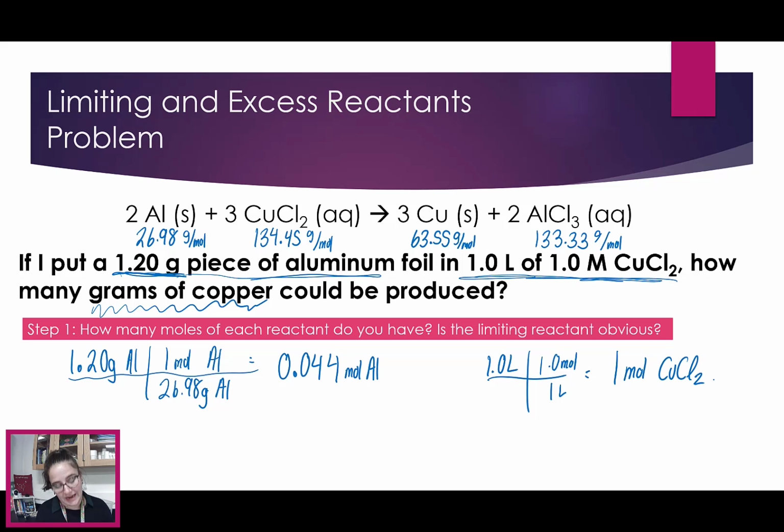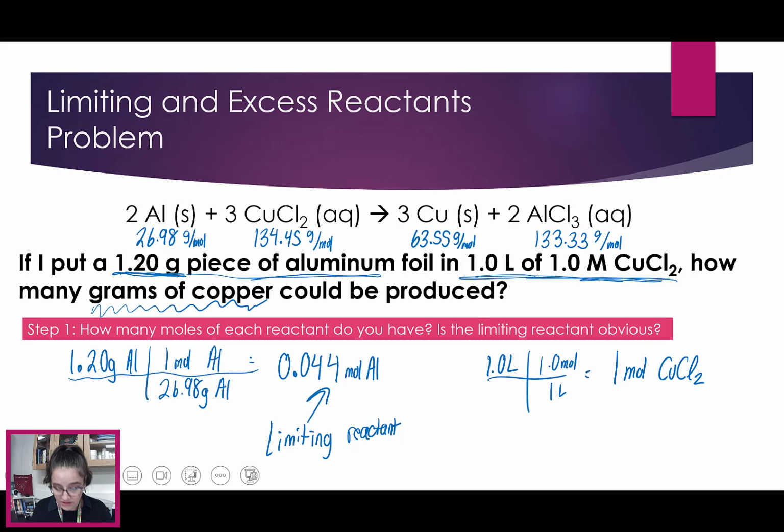Okay, we have 22 times more copper chloride than we have aluminum. And we only need a little bit more. It's a 2 to 3 ratio, so we need 1.5 times as much. We definitely have that. So we know that the aluminum is going to be our limiting reactant.